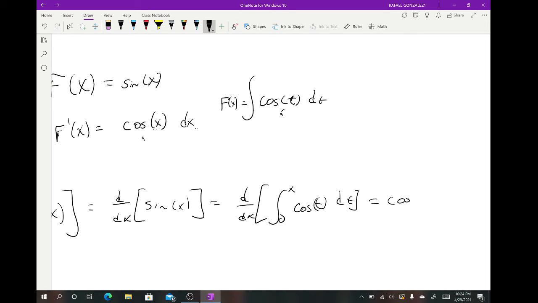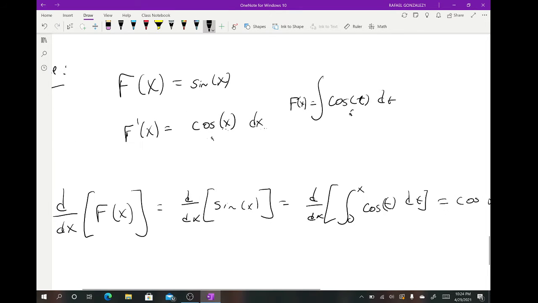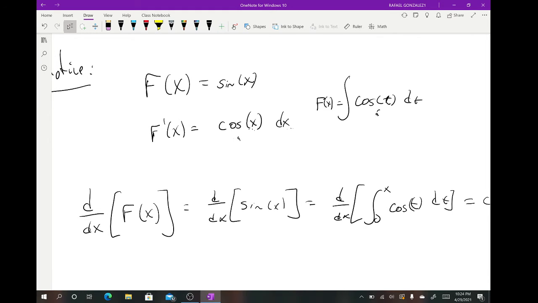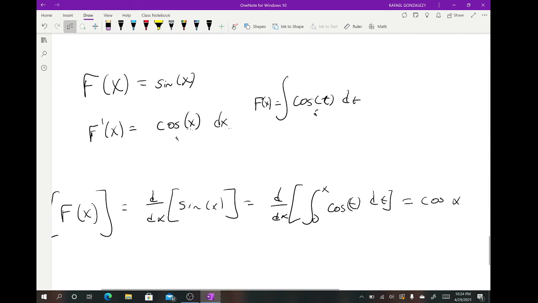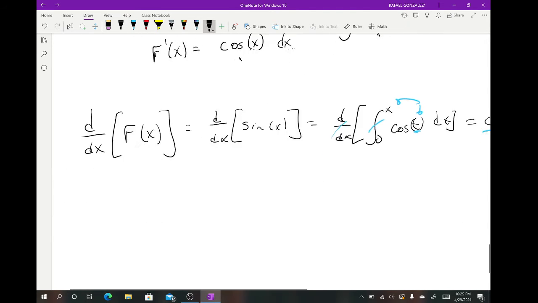Cosine of x, not cosine of t, cosine of x. So notice, what I'm saying here is that if we take the derivative of a function that's given in terms of an integral, in general, not always, the derivative sign and the integral sign will cancel out, and you will just change the variable that's here with the one that's up here. In general, again, it's not always the case.